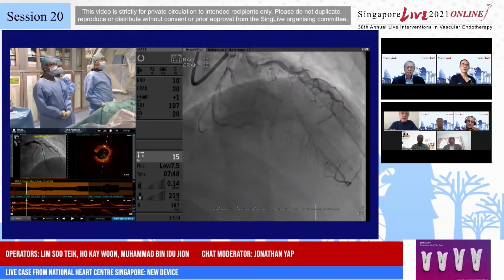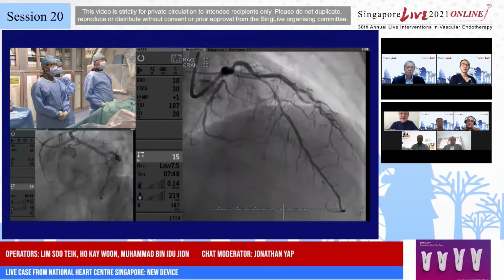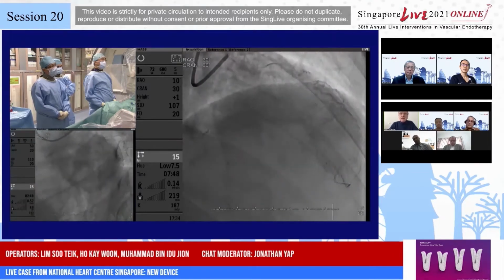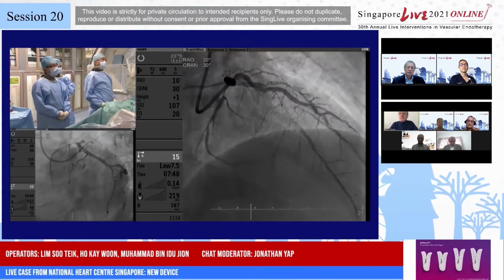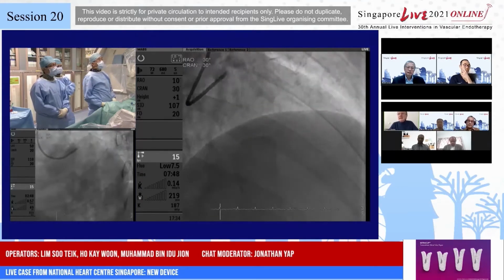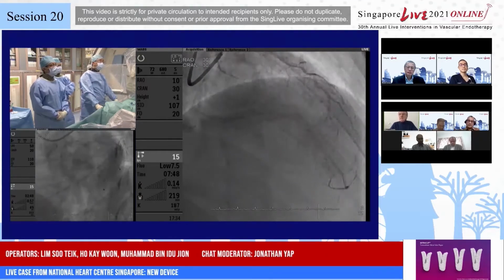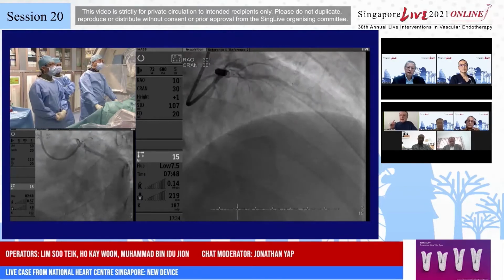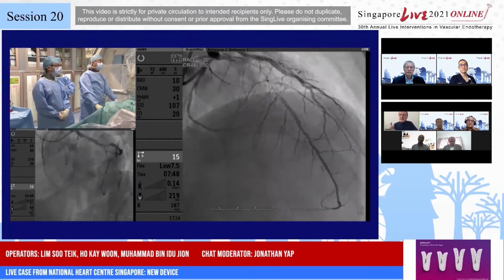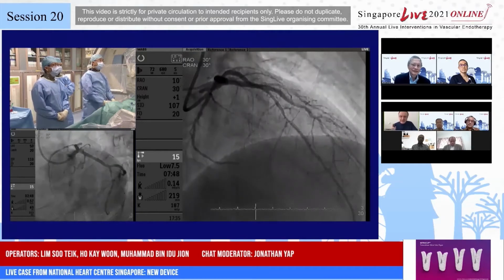So I will implant not a very long stent, reevaluate, do the OCT after implanting the stent, and see if you really need another stent or if you can leave it as it is. Be aware that the cure for diffuse disease is not a stent. The cure of diffuse disease is medical therapy.